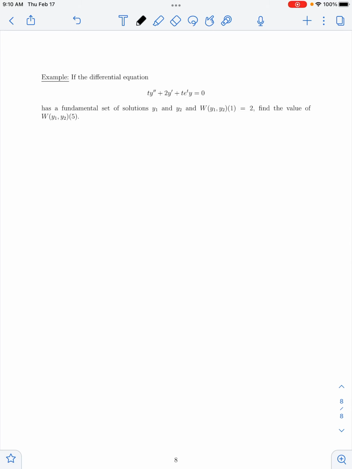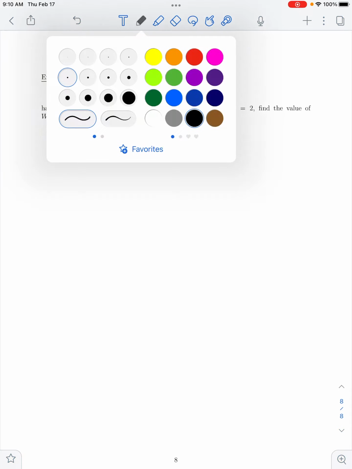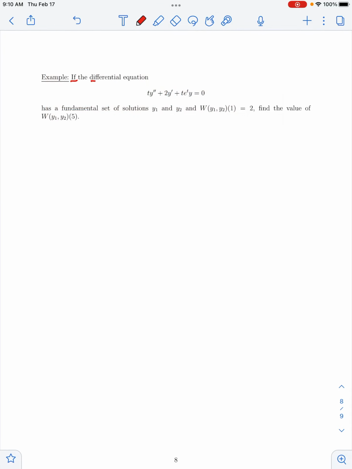Now let's look at another one. In this last example, we are asked: if a differential equation shown here, which is second order, linear, and homogeneous, has a fundamental set of solutions, y1 and y2, and the Wronskian for those two solutions at time t equals 1 is given as 2, find the value of the Wronskian for that same set of solutions at time t equals 5.